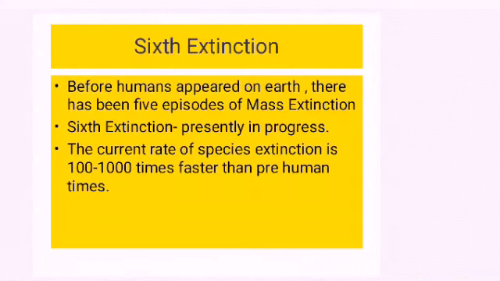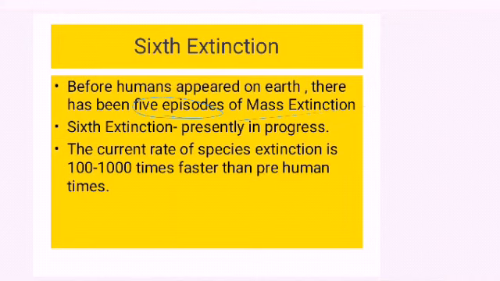Now we are experiencing the sixth extinction. Before humans appeared, before we evolved, the earth had already seen five episodes of mass extinction. Mass extinction means that all of a sudden species become extinct because of some natural disaster.